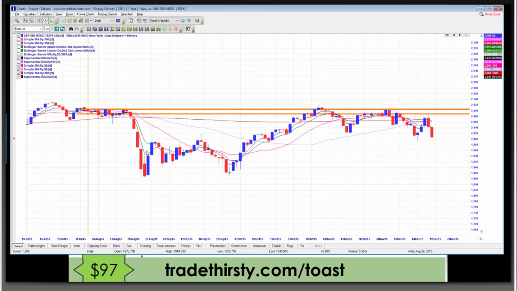So once we know what the open range is, and once again, the open range is the high and low of the first trading day of the month. That is the opening range of the month. Once we know that, we look to see whether the market closes more than 3 points above or below that range.